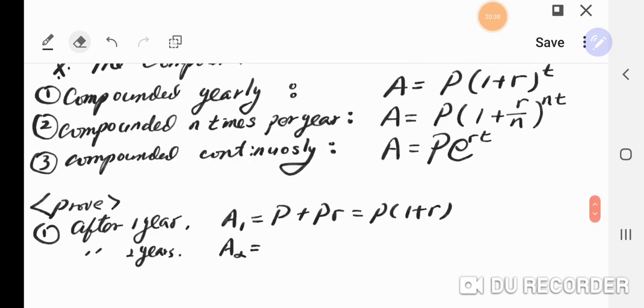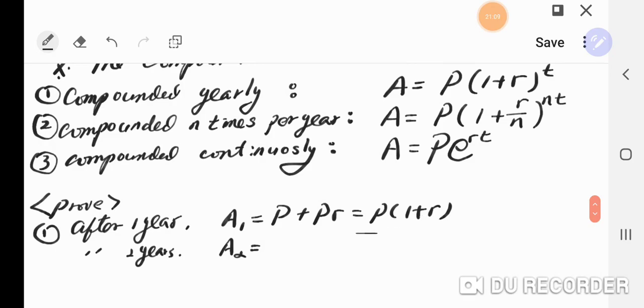Okay, let me prove number 1, the compounded yearly. After 1 year, let's say P is the principal. The total amount will be your principal plus the interest amount. The interest amount is your principal times the yearly rate, which is R. So P plus PR is equal to, factoring out P, P times (1 plus R).